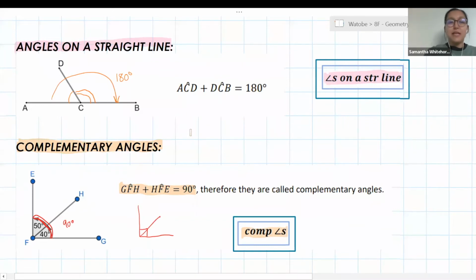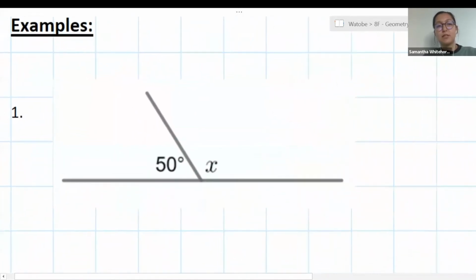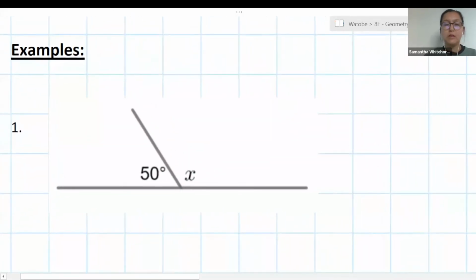Like I said, this second one doesn't come up a whole lot. It's more angles on a straight line of these two that we use more often. I'm just putting it there so that you're aware that it is a potential reason, but it doesn't come up a lot. Right, so let's have a look at some examples of how we would use these reasons. So let's go down. Let's have a look at our first one here.